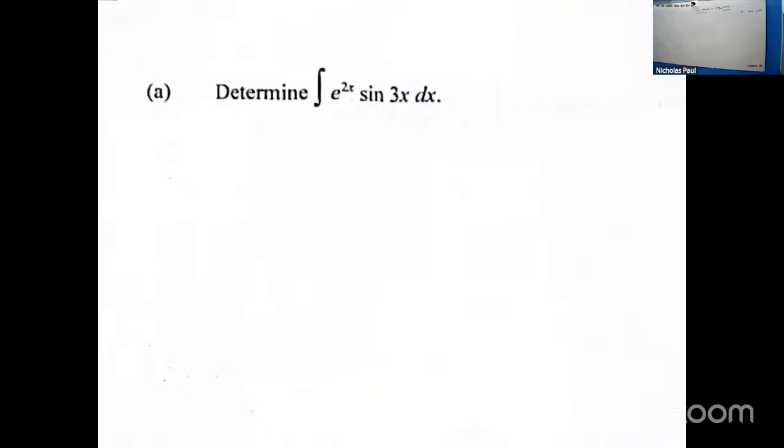All you have to remember, whatever you differentiate first, stick with that. If you chose u as e to the 2x, stick with choosing e as the u. Keep it on.